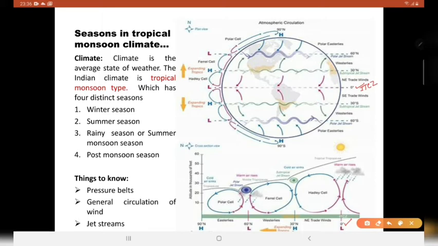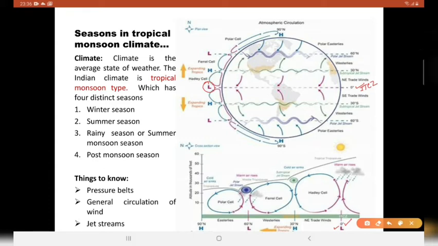This ITCZ is the warmest place of the earth, due to which warm air, which is light, rises from this ITCZ due to convection, leading to low pressure at the ground surface. You can see low pressure is created at the surface.